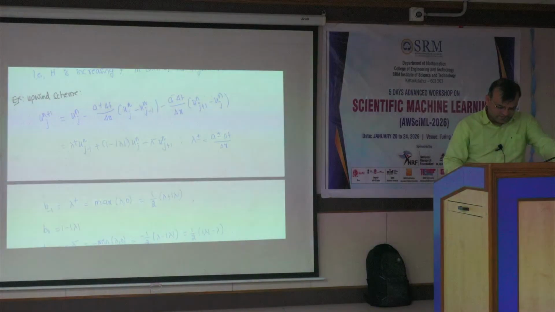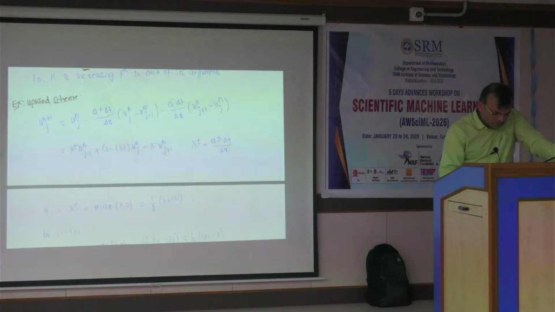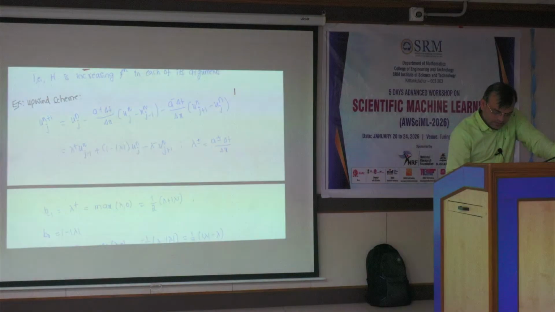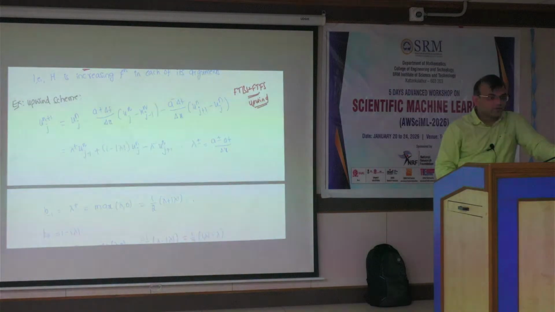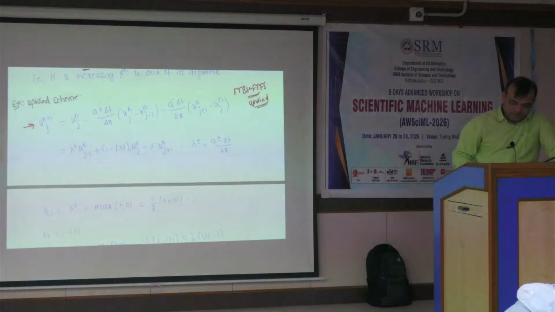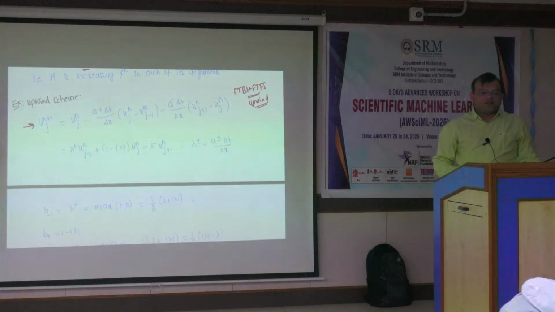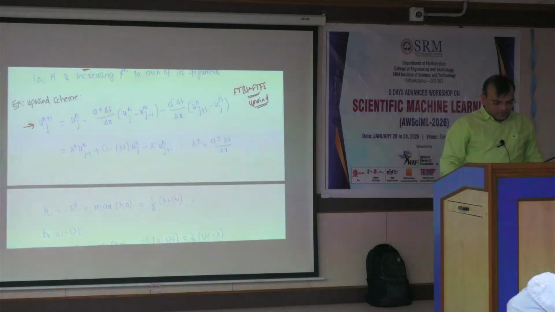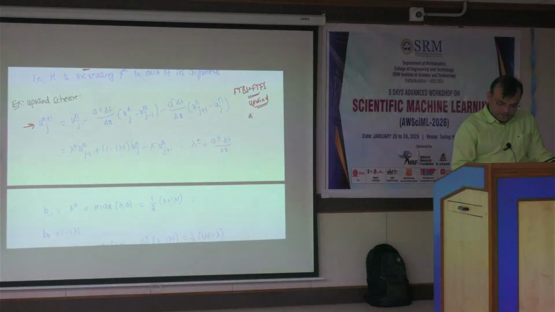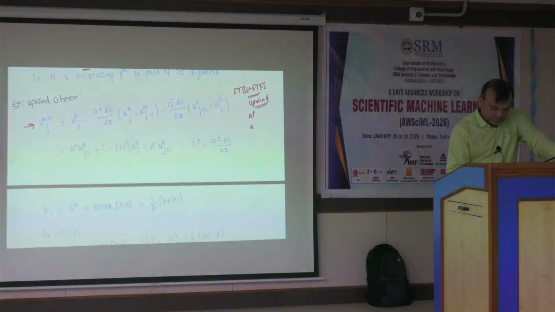So let us talk about the affine scheme. This is forward time backward space and forward time forward space, which we write as an affine scheme. This is what we have shown in the last lecture. This is an affine scheme for any value of a, where a plus is positive and a minus is negative, corresponding to the backward and forward space.